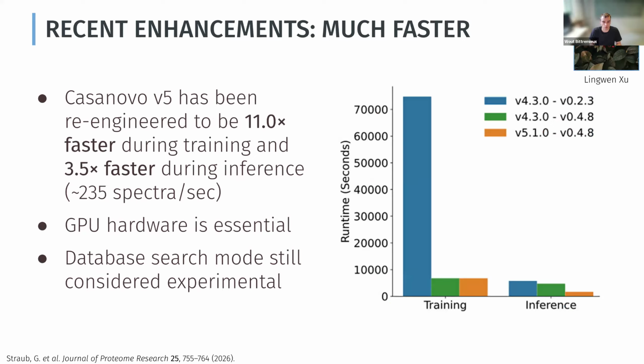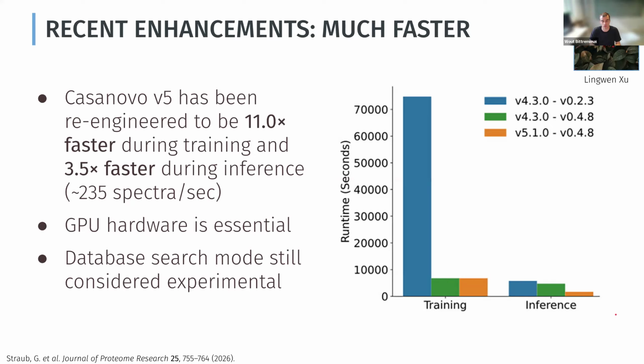Right. And then another nice improvement in version 5 is that we put quite some emphasis on runtime performance. So in training between version 4 and version 5, training became 11 times faster, and inference afterwards became 3.5 times faster.